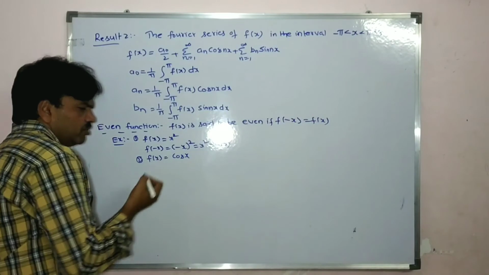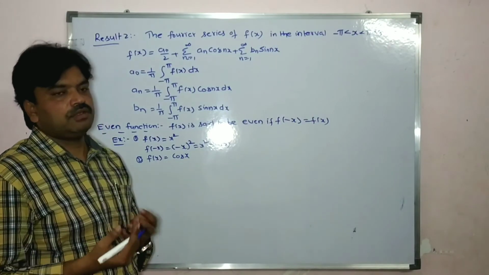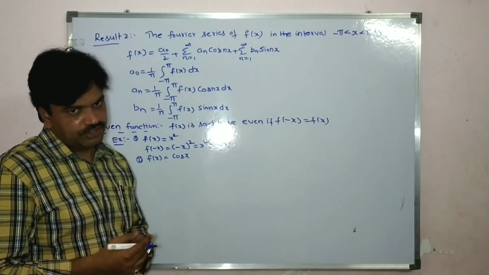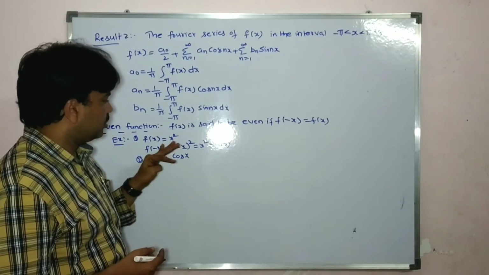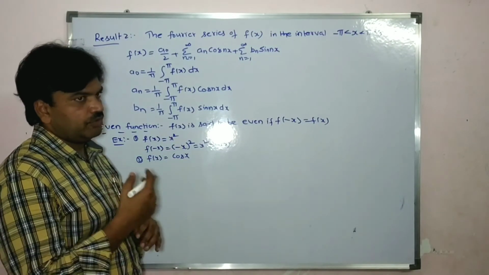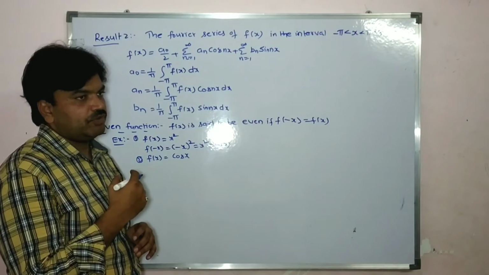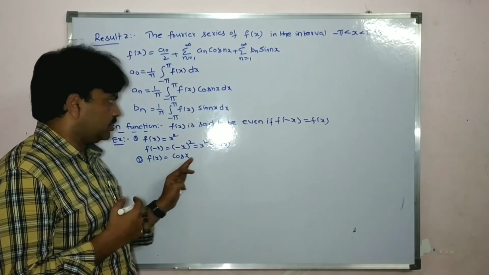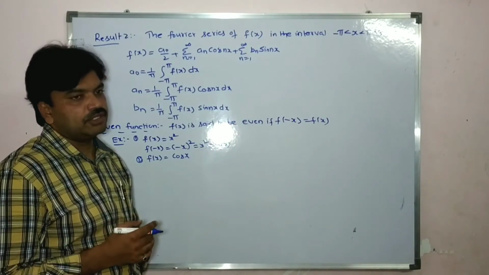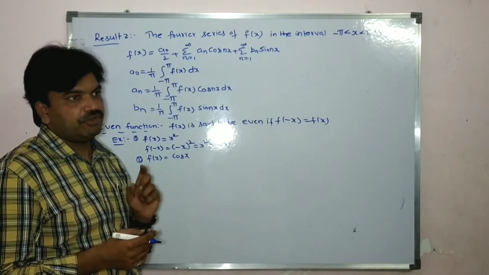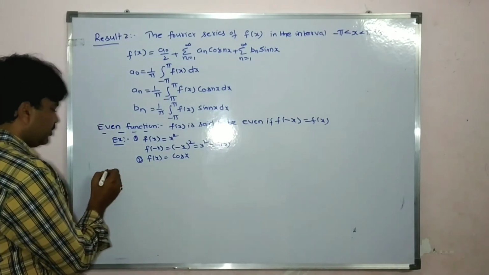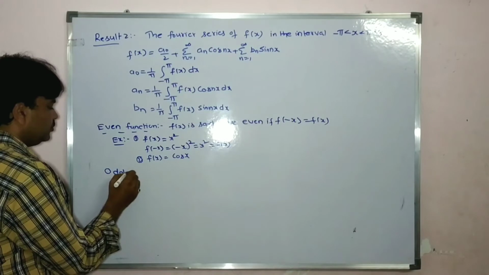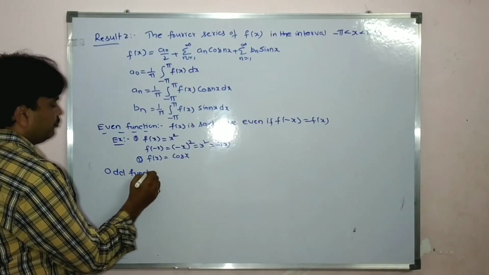We know cos of minus x is equal to cos x. Cos x is also an even function. Therefore, what is the conclusion here? x square, x power 4, x power 6, x power 8, and so on, and cos x are even functions. Now, odd function, students.